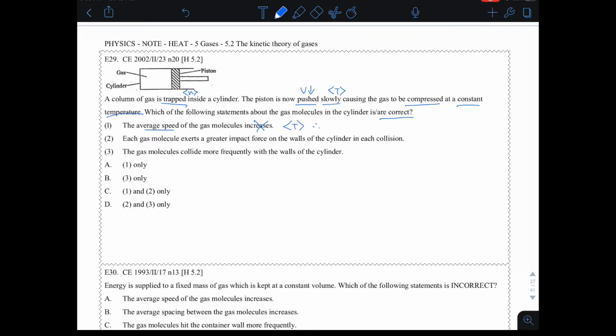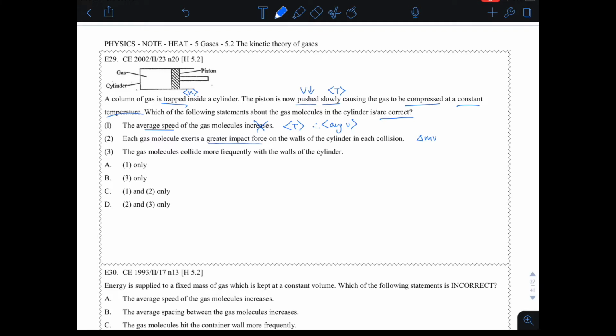The temperature is constant, therefore the average speed must also be constant, because this is the only factor affecting the average speed. Each molecule exerts a greater impact force in each collision. Now you talk about the change in momentum. The change in momentum is mv, right?